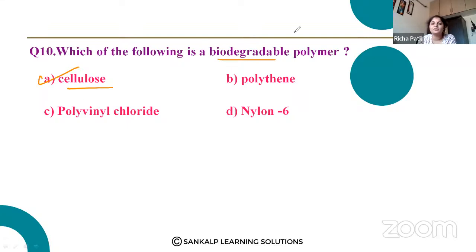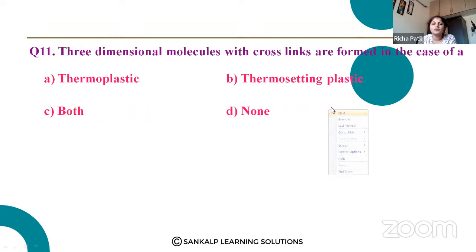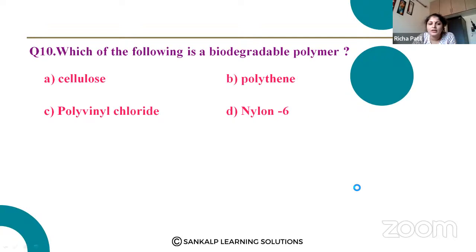So we'll go for the next one. Three-dimensional molecules with cross-links are formed in the case of: thermoplastic, thermosetting plastic, both, or none? We have discussed this. Yes, correct.